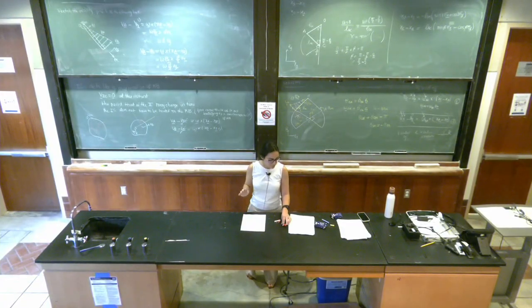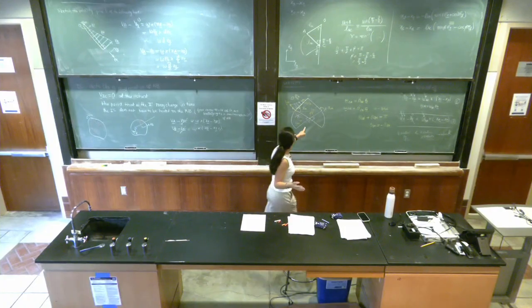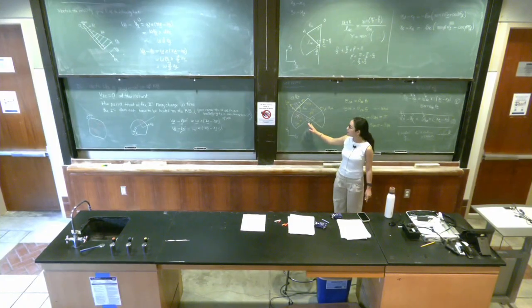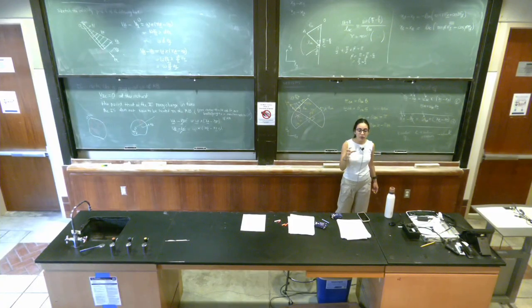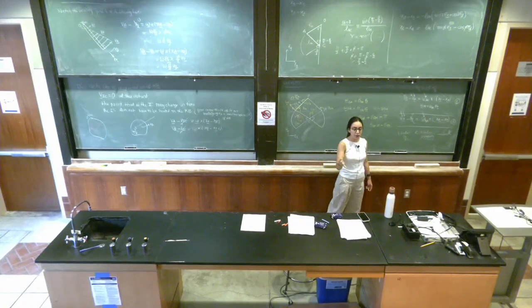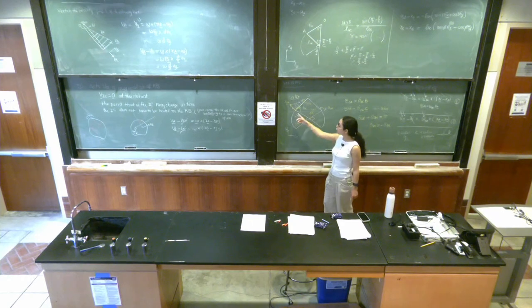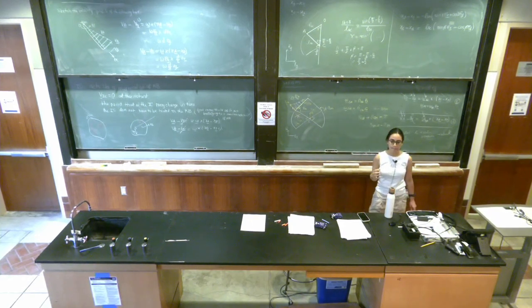So if I go back to this bucket problem, I have VC pointing up, VA pointing perpendicular to OA. About which point is this jaw rotating at this instant? In other words, what is the instantaneous center of rotation of the jaw at this instant? What do I do? Draw the lines.